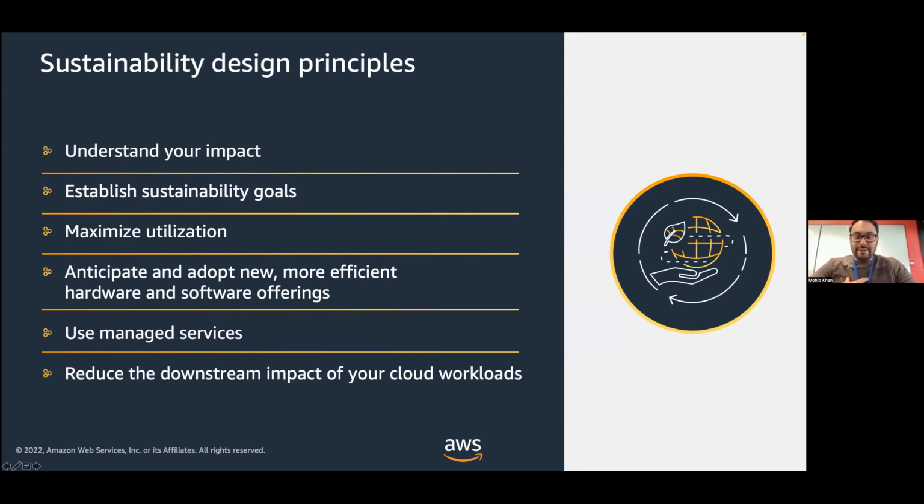When AWS gives shared services to our broad customer base, it helps us maximize resource utilization. Eventually, it reduces not just the cost for the customers, it also reduces the amount of infrastructure needed to support the cloud workloads.